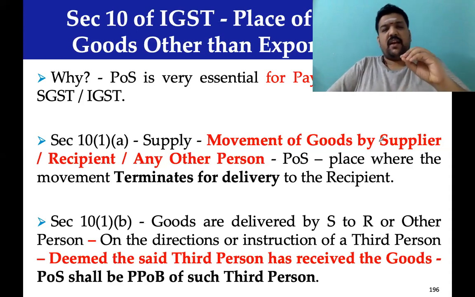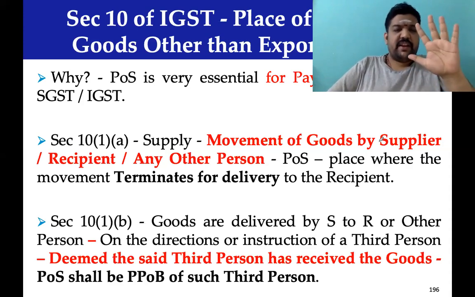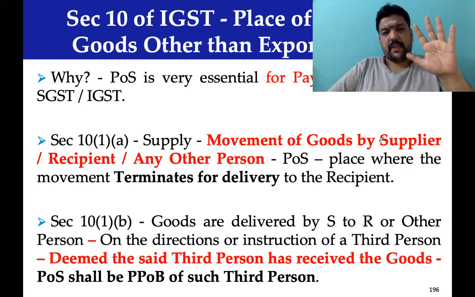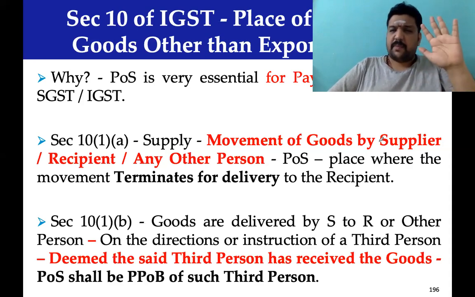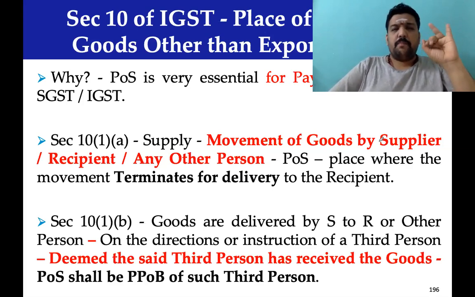Section 10 is broadly classified into 5 types. In other words, section 10 subsection 1 has 5 clauses A, B, C, D, E. Goods involves movement, bill to ship to transaction.